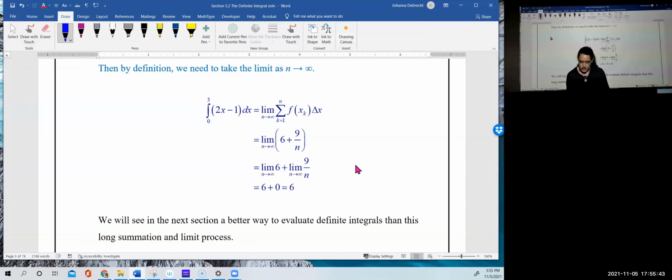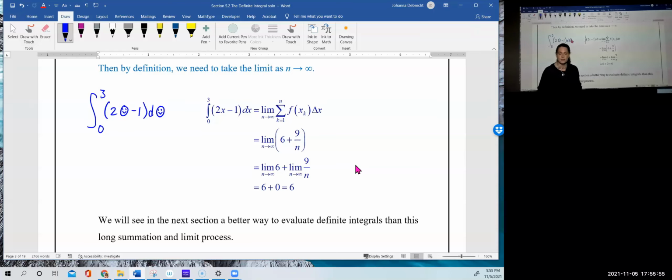So I could just as easily have written something like this, which is kind of shocking to a lot of students. They're not used to seeing something like this, but there's no reason you can't use a happy face for your symbol inside of a definite integral. It's a dummy variable. It shows up in the middle. It helps you get to the end, but it doesn't show up in the end. So it's sort of like an interim variable on the way that's going to go away again. So it doesn't matter what you use because it's not going to show up in the final process.